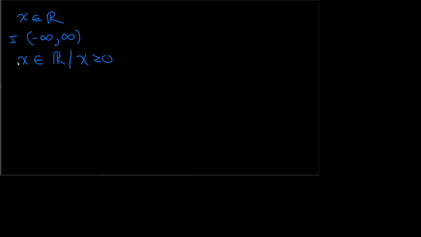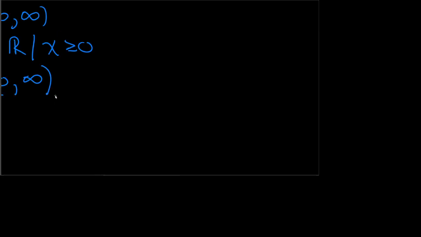So here I'm saying x is in the set of all real numbers such that x is greater than or equal to 0. In interval notation, that's a square bracket 0 to infinity. And I have a square bracket here because 0 exists in it.